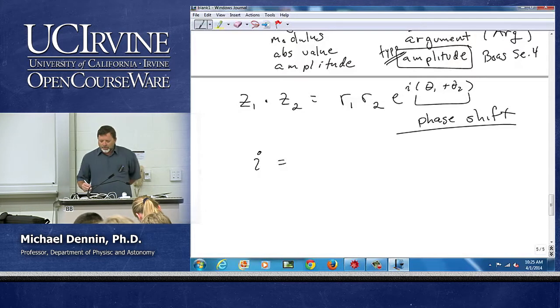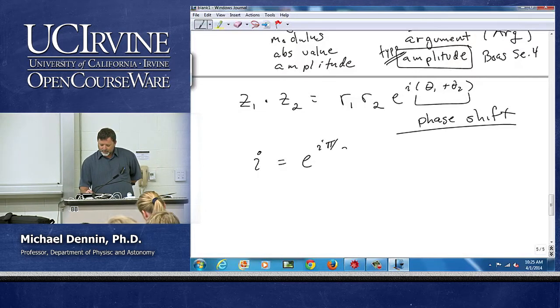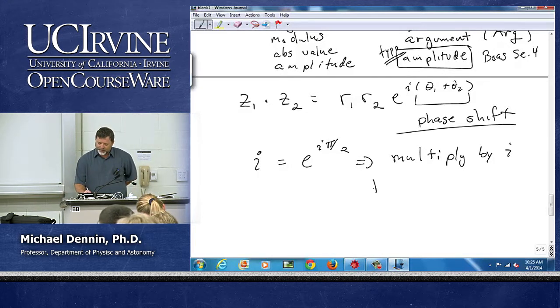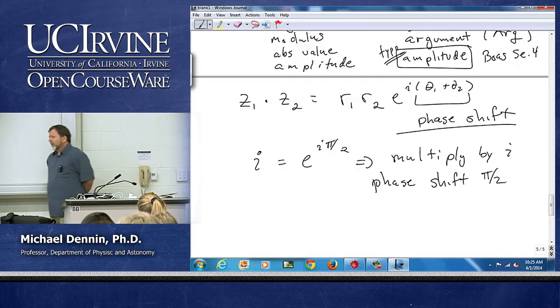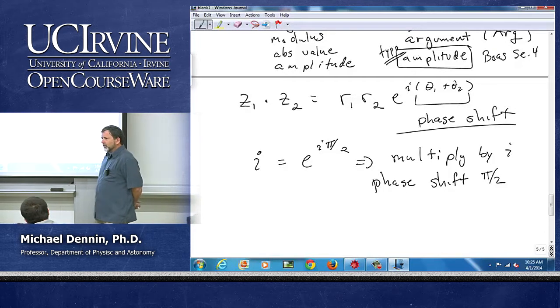So, if I multiply by i, what phase shift do I generate? A 90-degree phase shift. The phase shift of pi over 2.